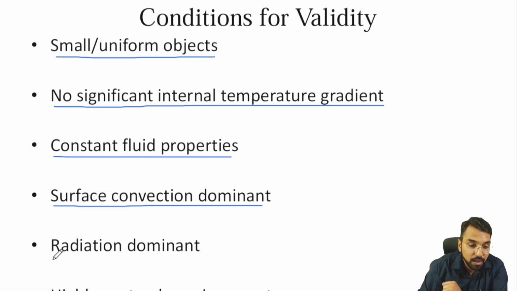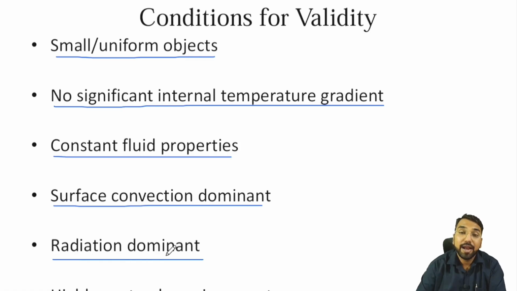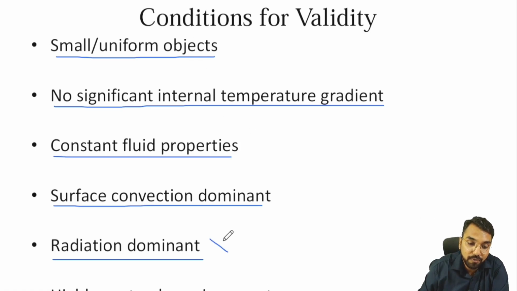Here is one validity condition: whenever radiation heat transfer dominates over convection, this law is not applicable. Similarly, when highly unsteady environments are there, Newton's law of cooling is not valid. These are the two most important things.